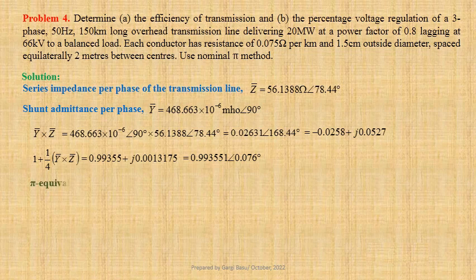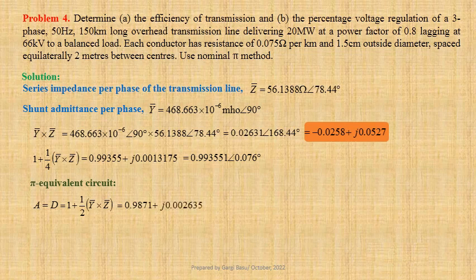For pi equivalent circuit, A equals D equals 1 plus half of YZ, that is equal to 0.9871 + j0.002635. This may be written in polar form as 0.9871 ∠0.153°.